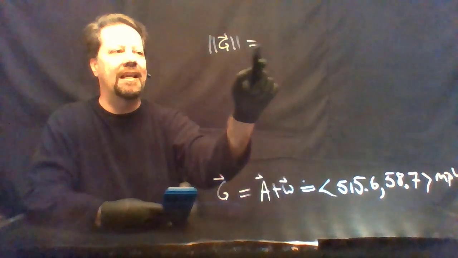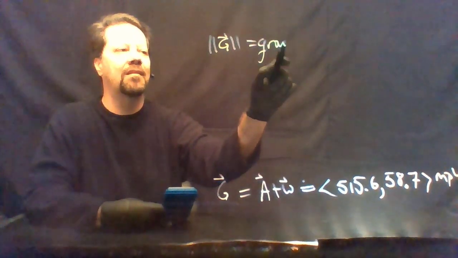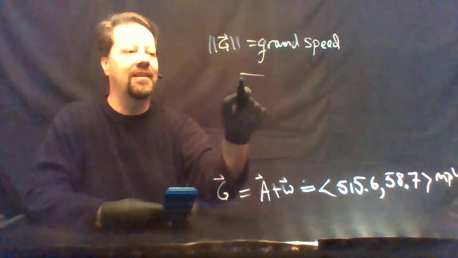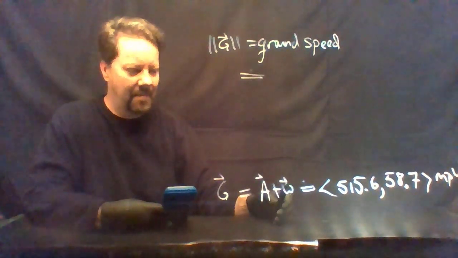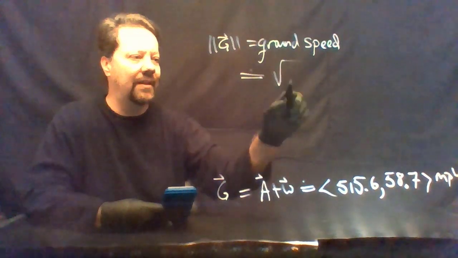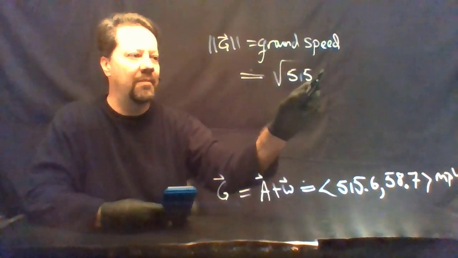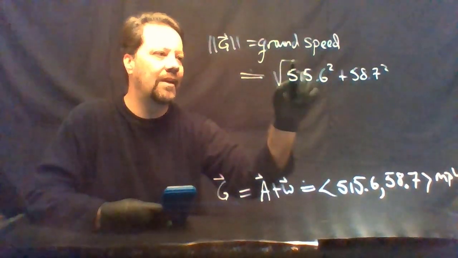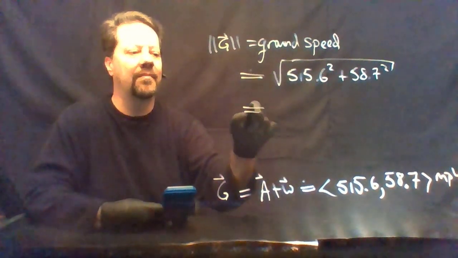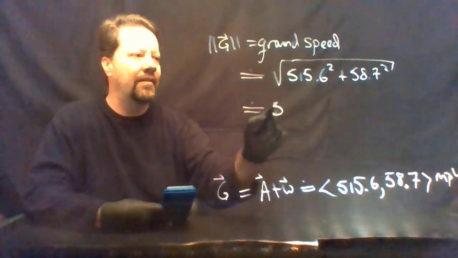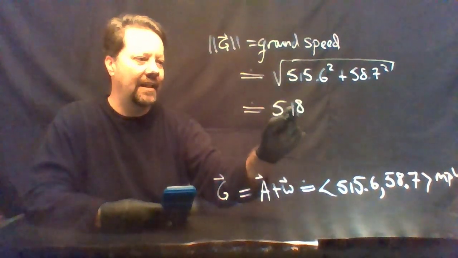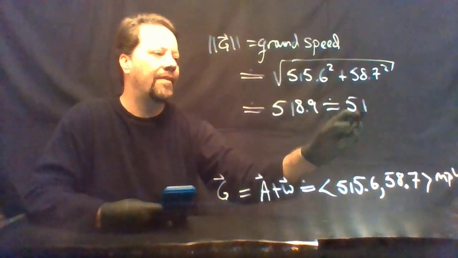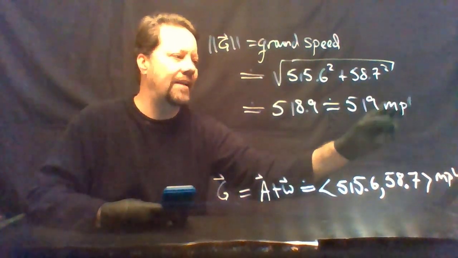The ground speed is, according to my calculator, calculating the square root of 515.6 squared plus 58.7 squared, 518.9. We'll call that 519 miles per hour.